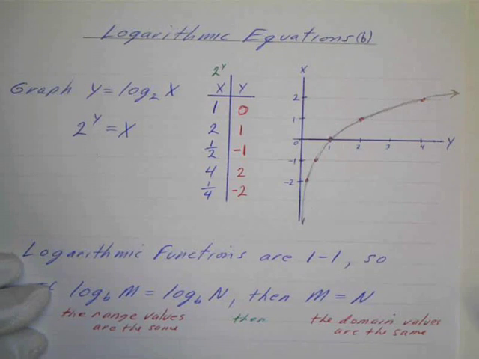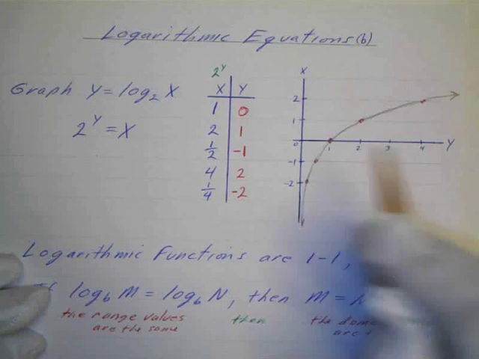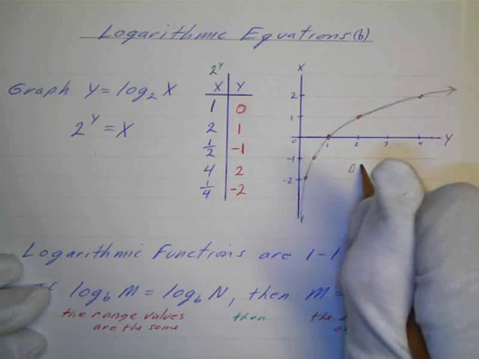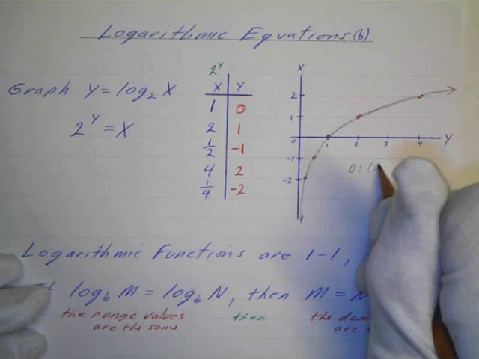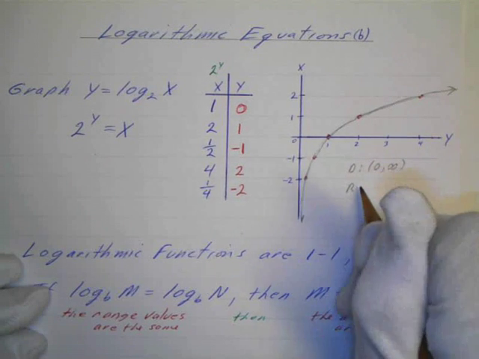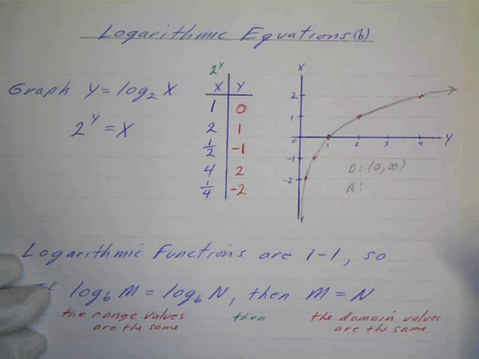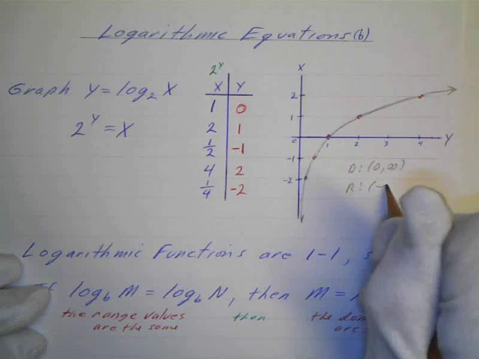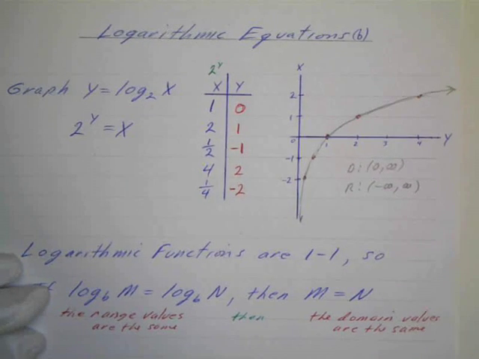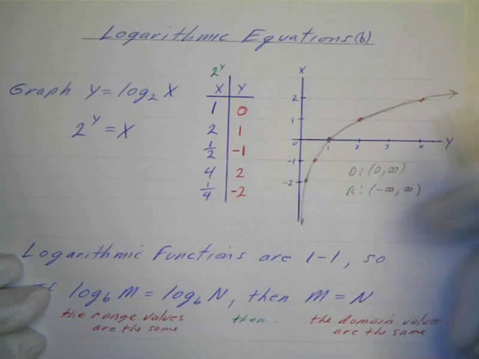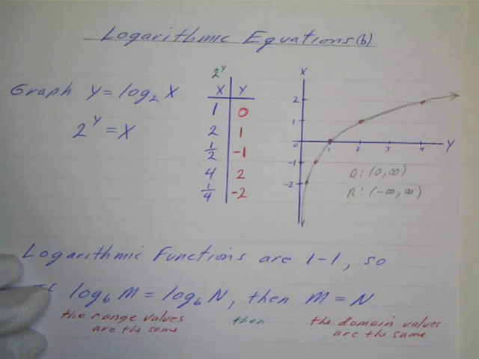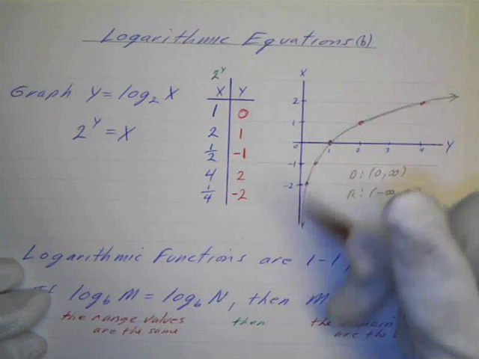So in this case, the domain would be 0 to infinity, and the range would be negative infinity to infinity. All right, so you can see that. It's going all the way down, all the way up. It goes a little slower up, but it does go up to infinity. So that's what our function is.